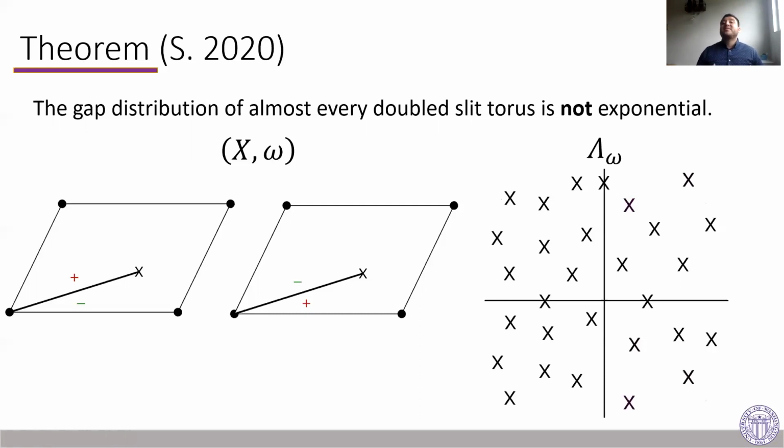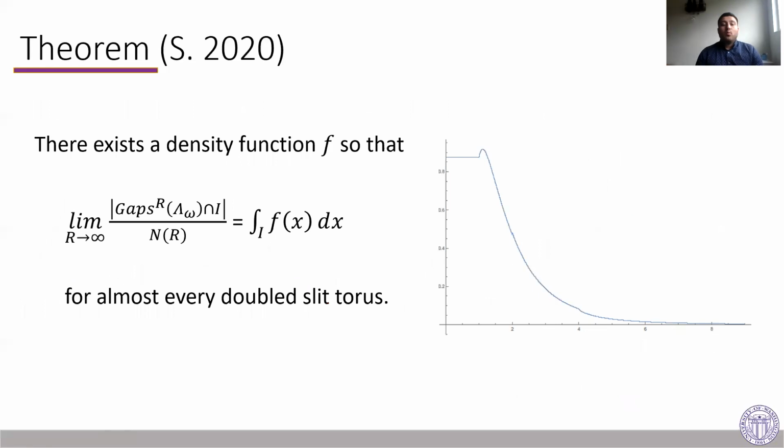And we want to look at a second test of randomness, and that second test is to look at the gap distribution of the slopes. If I look at it from the point of view of the gap distribution of the slopes, then there's some underlying structure that's preventing me from being a random set. In particular, it's preventing me from being an exponential function, all right? And this is going to more generally come from the following result, where I compute a density function for the set of gaps of double slit tori.